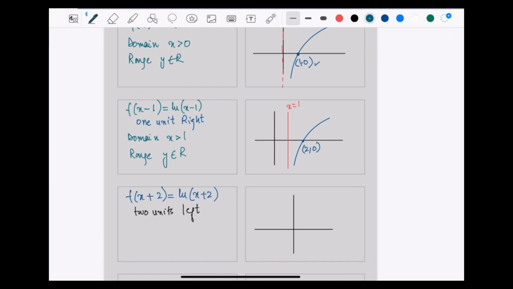The x-intercept which was at (1, 0) moves 2 to the left and is now at (-1, 0). The asymptote line, which was originally at x equals 0, is now at x equals -2.